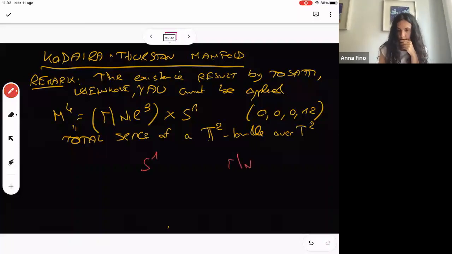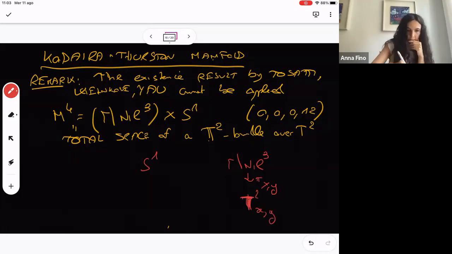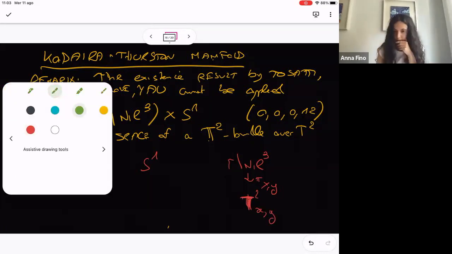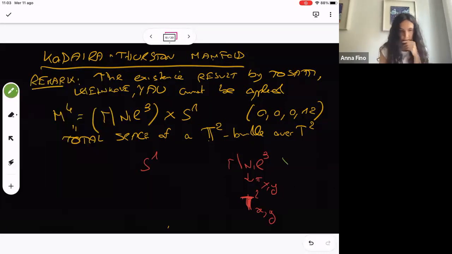Then we have this, just to understand, here is just a projection over xy of our torus, our base here. And then we have the other one, our fiber here, just to understand what is going on. Here we have S1.